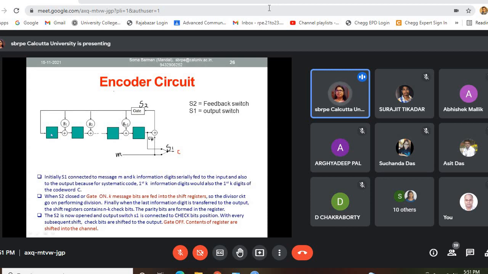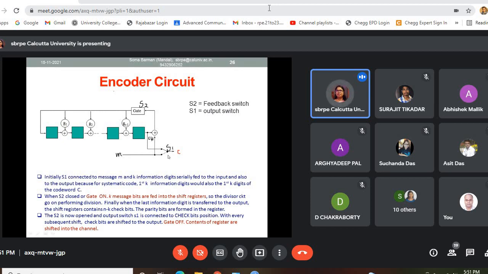The content of this shift register was initially 0, so this 1 and this 0 are modulo added and shifted to the next shift register. Clear? This way, every time your message is shifted, and another bit comes in, a division operation is performed.